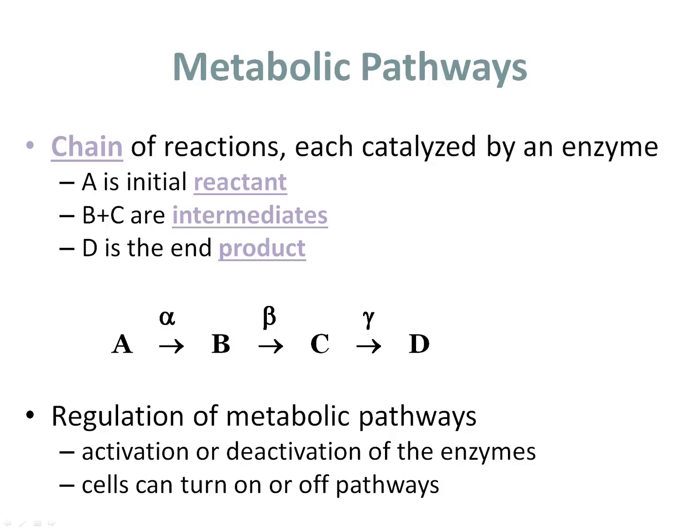The convention when we write out a metabolic pathway is that we have our reactant, we have our intermediates, we have our product, and in between we have the enzymes that catalyze each reaction. So these would be enzyme names that catalyze the reaction that they're written above. So we can regulate this pathway by changing the activity of any of those enzymes in that pathway or turning the pathway off or on altogether.